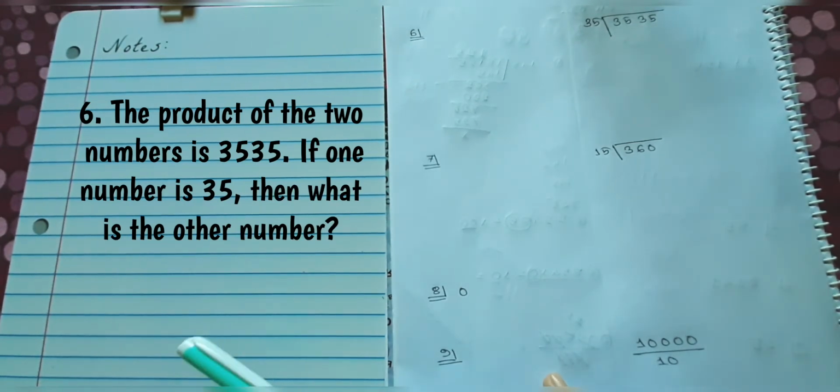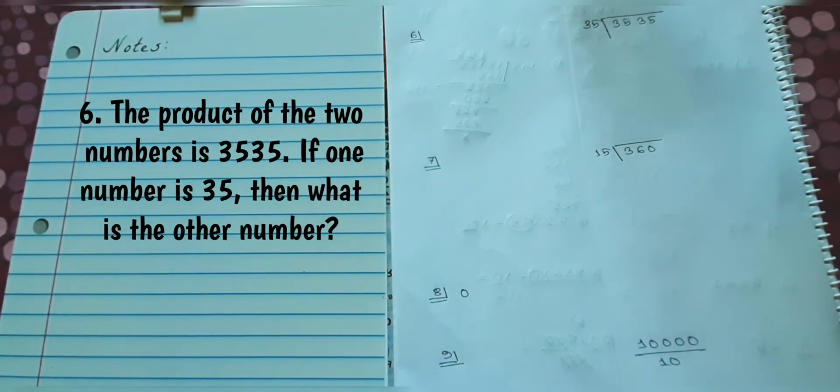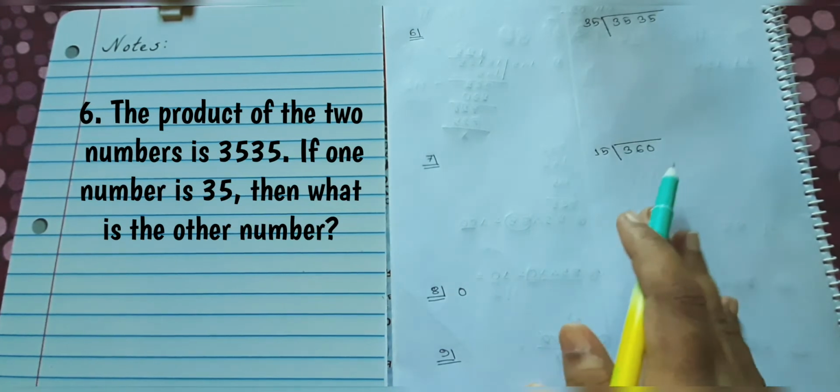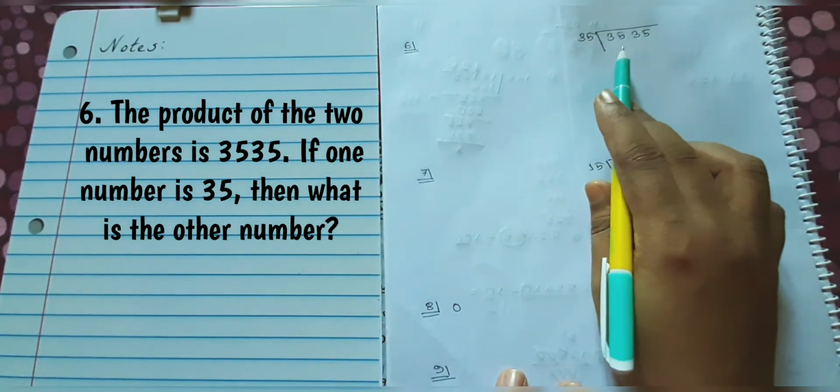On the time, what you have to do, in the previous video I told you that if they give you the product, then you have to do division. If they give you the question, then you have to do multiplication. It goes in the opposite direction. So we are doing division over here. You can see that I have already written it over there.